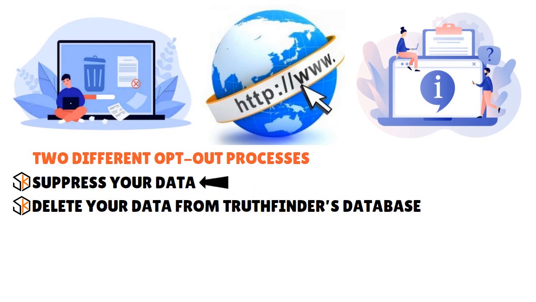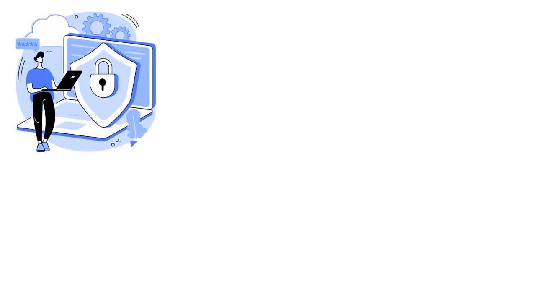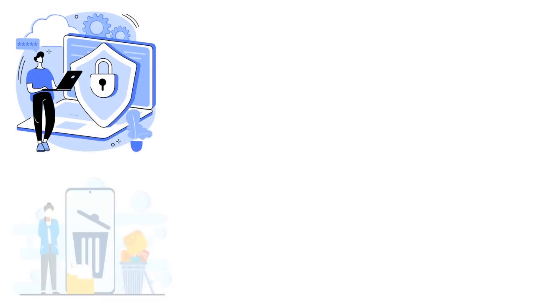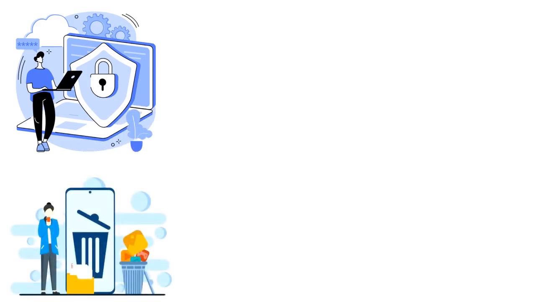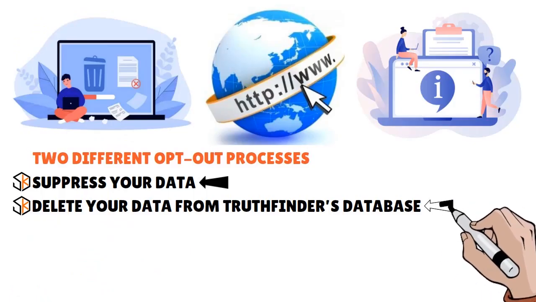Suppress your data: this option prevents people from using TruthFinder to access your information through the service. It does not delete your data from the database though, because you're just suppressing certain entries. Your data is still in TruthFinder's database. So that's the first option.